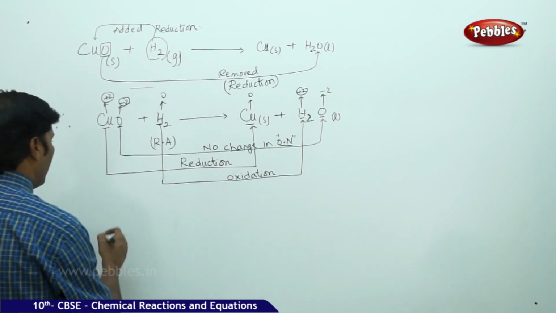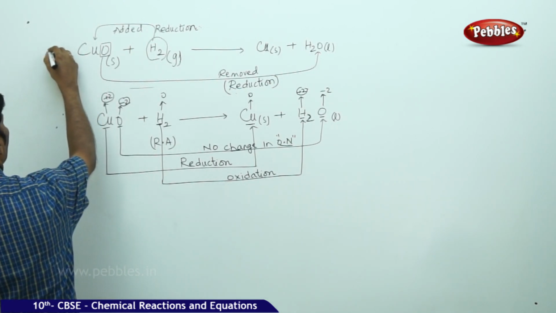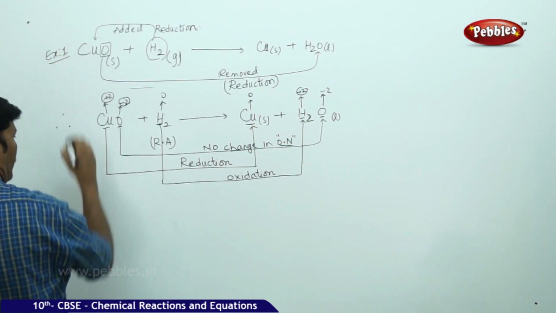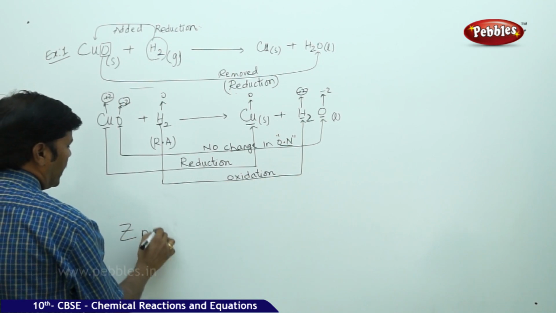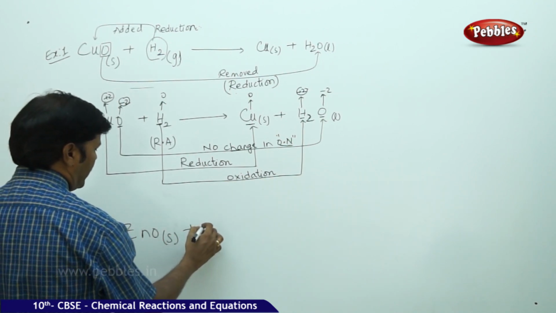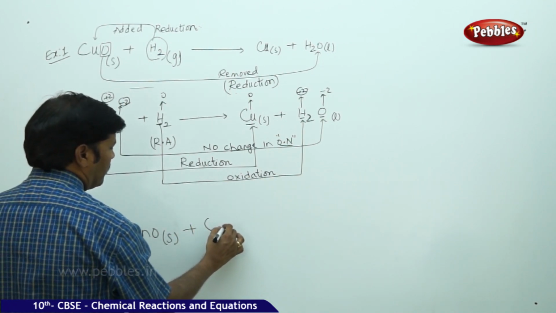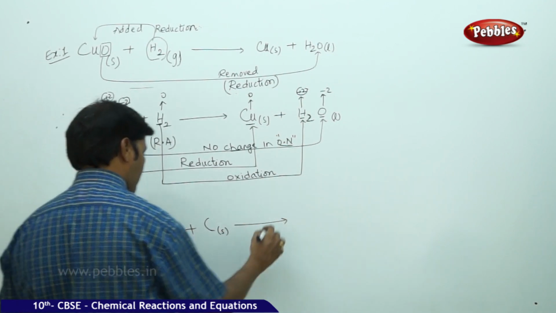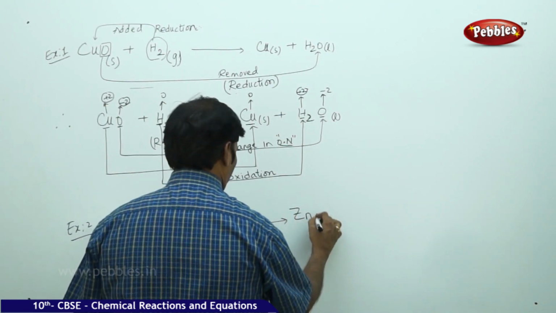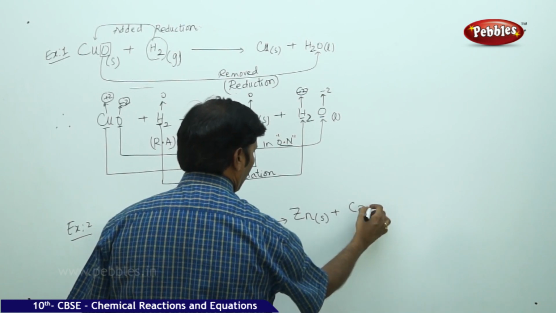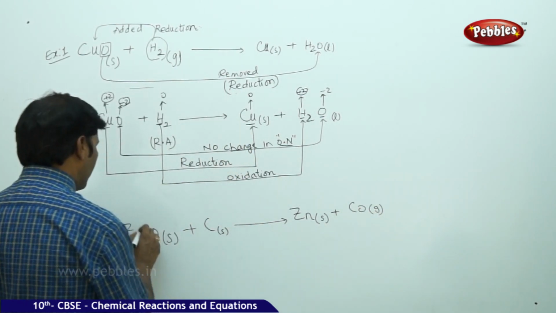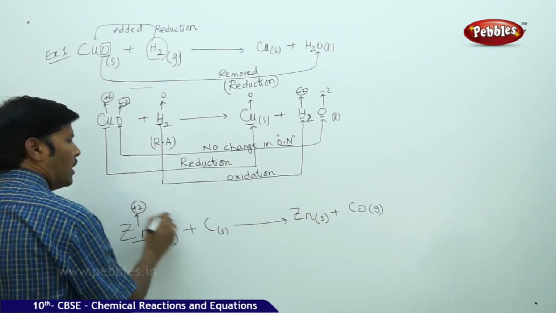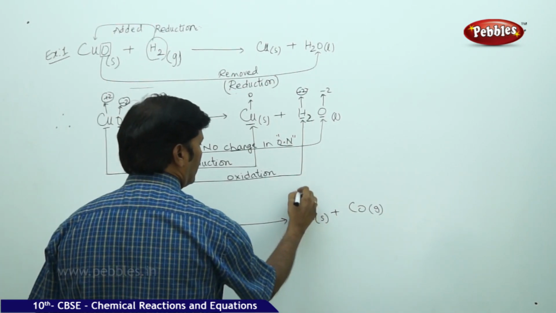Suppose one more example I would like to give you. This is example 1. Example 2: you take zinc oxide solid plus carbon solid, you get zinc solid plus carbon monoxide gas. So here zinc is +2 and here zinc is in the 0 oxidation state.